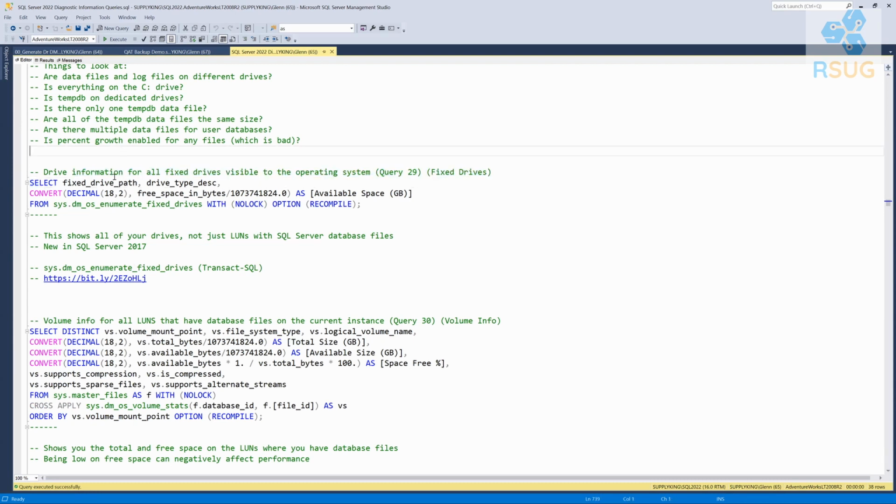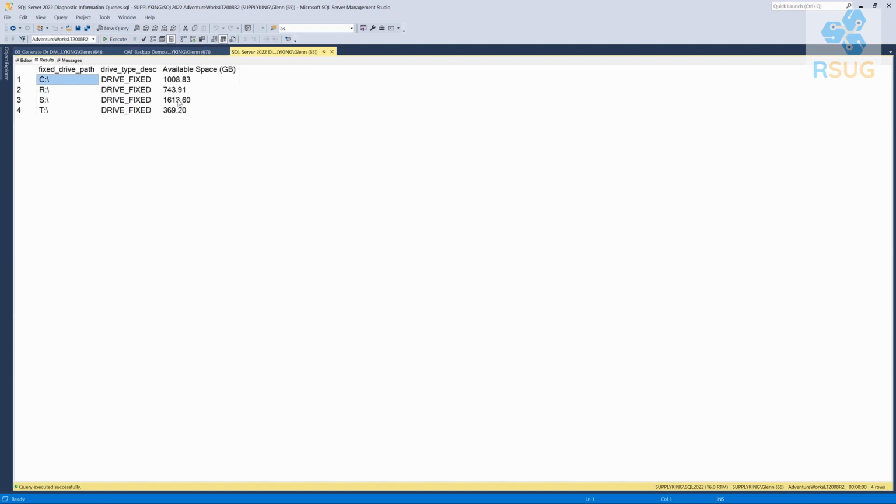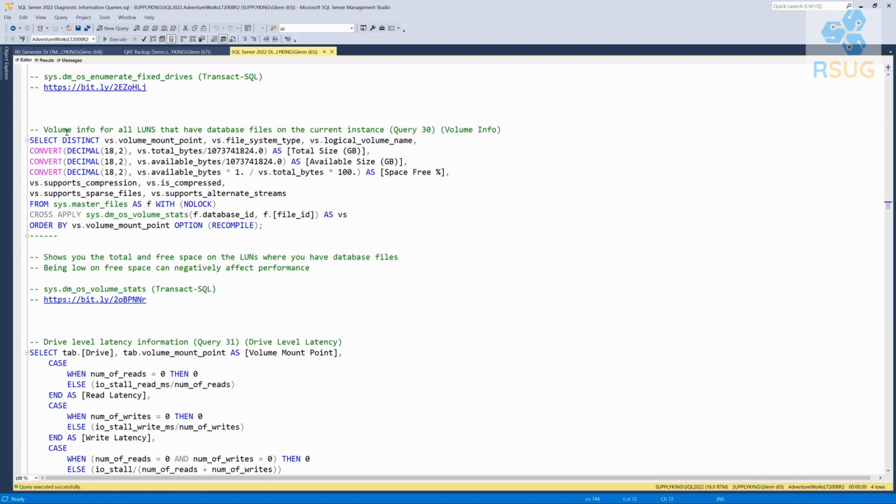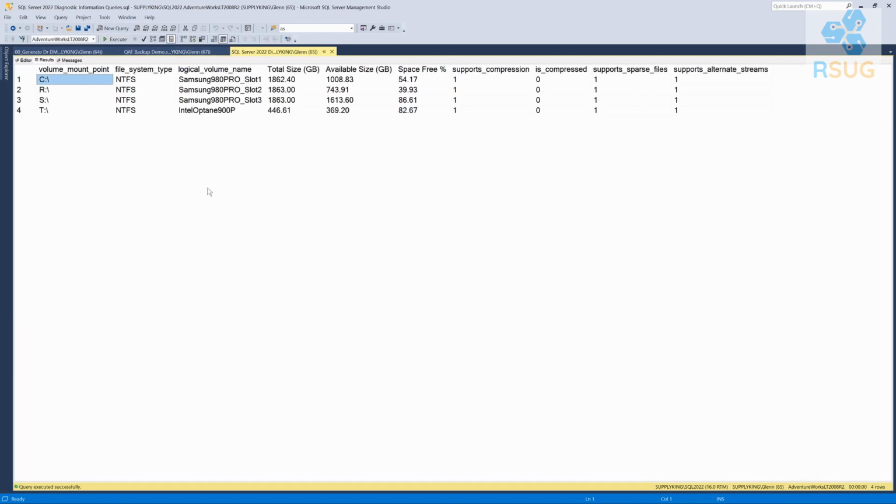So the next one is going to look at all the drives that the operating system can see on your machine and what's going on with them, how much space they have available. So I've got these 4 drives on my machine. And then the next one looks at all the drives that have SQL Server database files on them and what's going on with them.